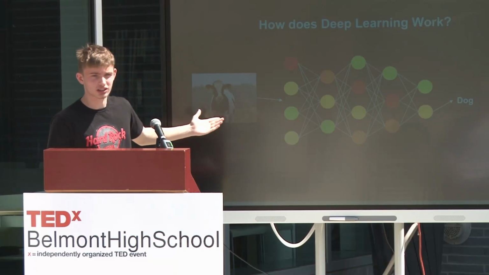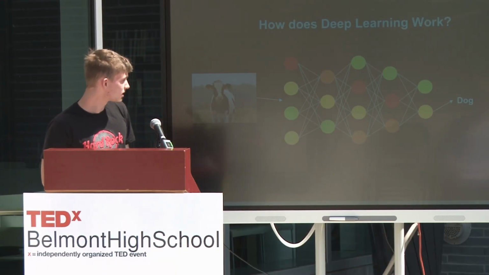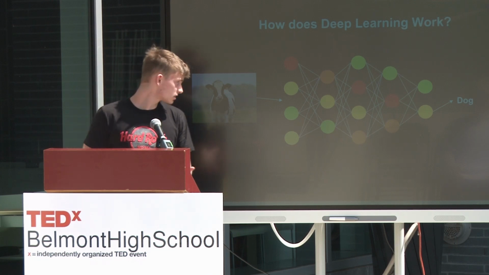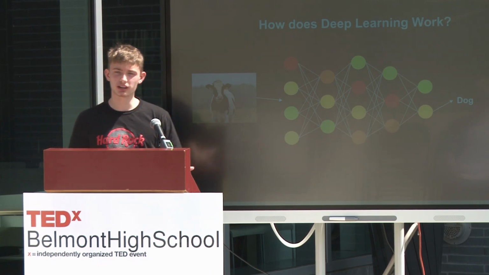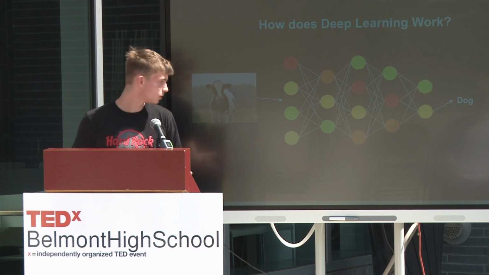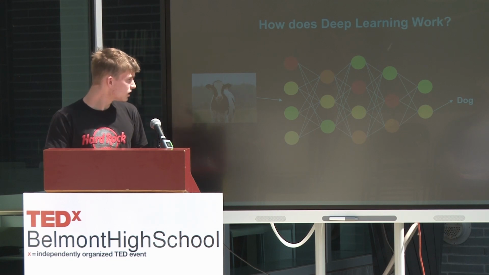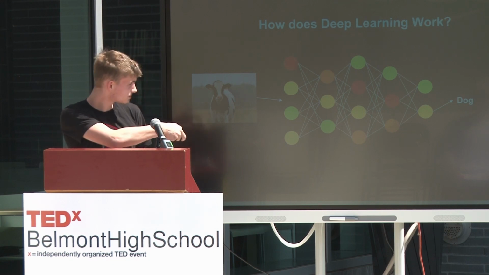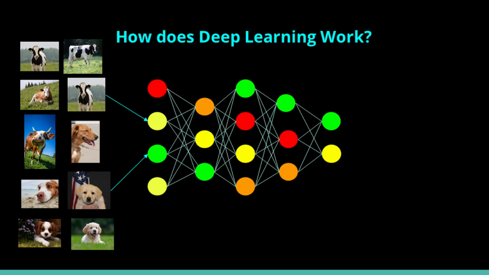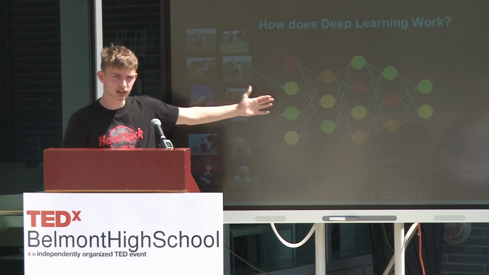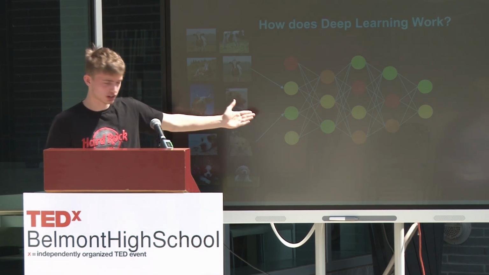Now, this doesn't really look like a dog. I mean, at least to me. So, why does it think it's a dog? Well, we haven't trained it yet, so it doesn't actually know what it's looking at. So, to train it, what we do is we give it cows and dogs. And basically, we just make it predict, is this a cow or is this a dog?